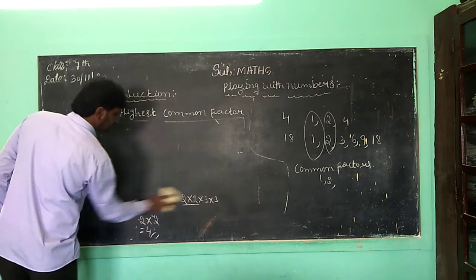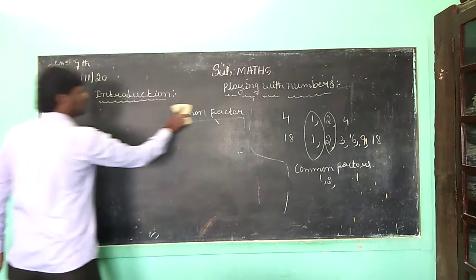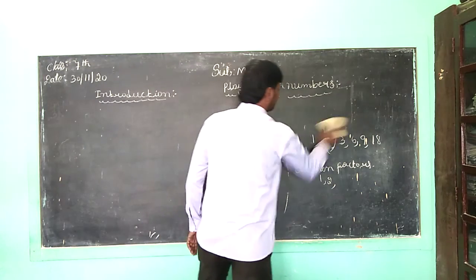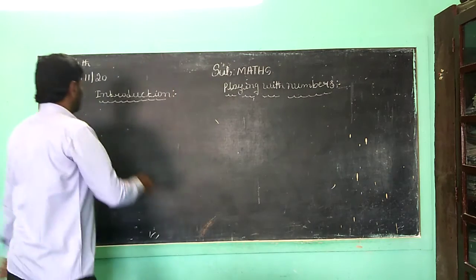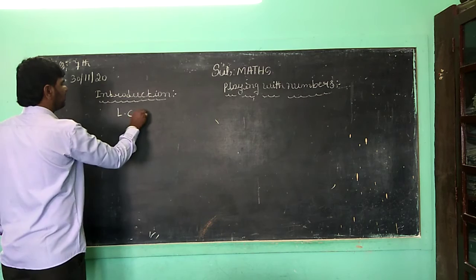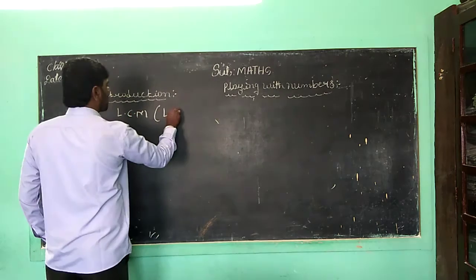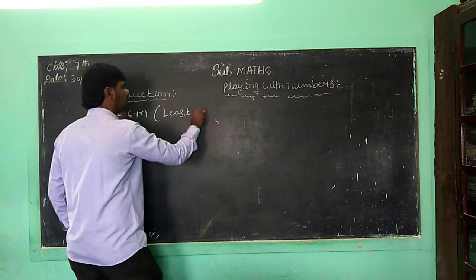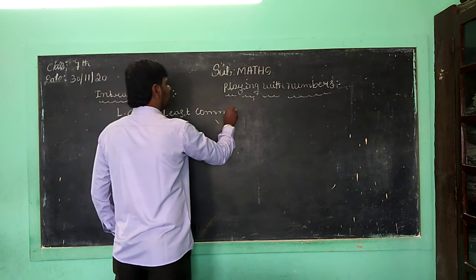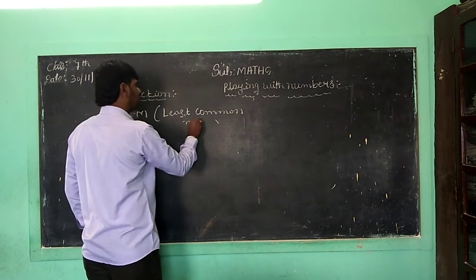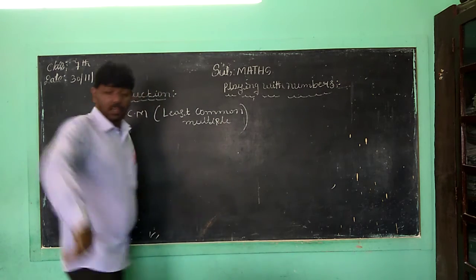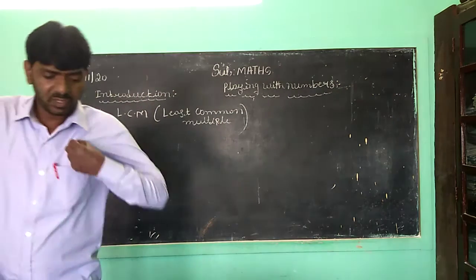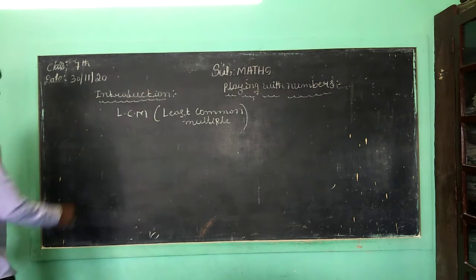Next you want to take LCM, children. It is very easy. So now you want to find 3 and 4.